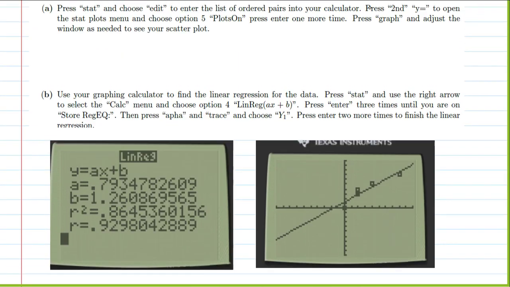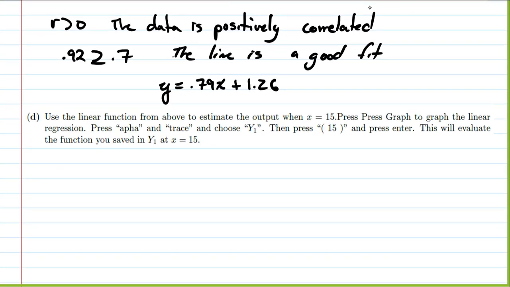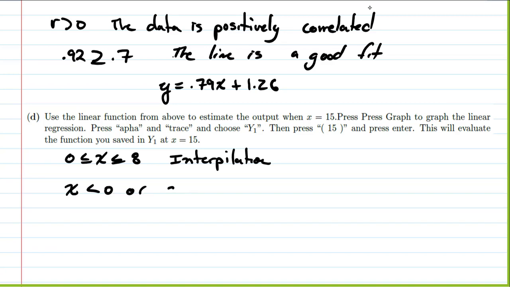So what was our smallest x and what was our largest x? So between 0 and 8, for 0 less than or equal to x less than or equal to 8, that's going to be interpolation. And for x less than 0 or x bigger than 8, we're going to have extrapolation.